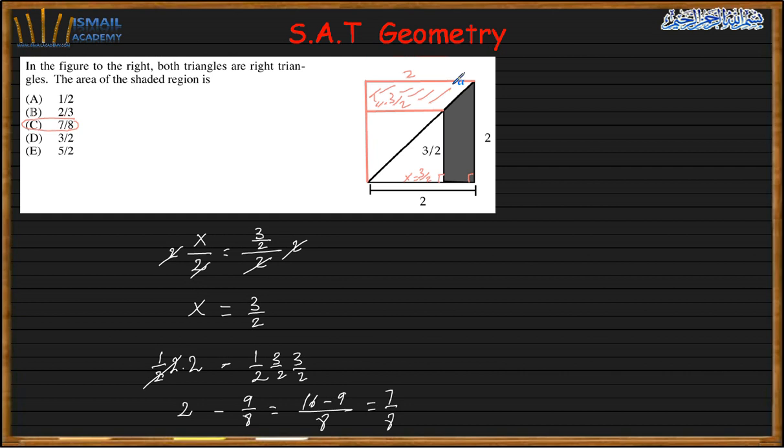area, which is something like this one. So we do the area of the square minus 2 divided by 2. Then look what we have here. So the outside square is 3 half.